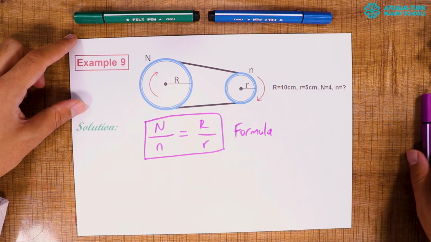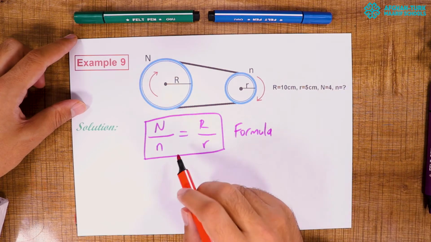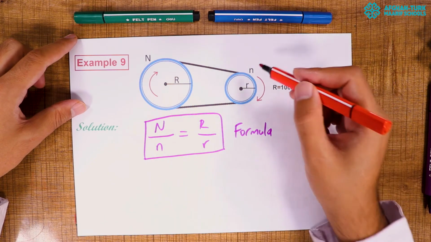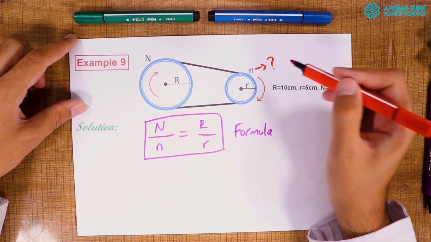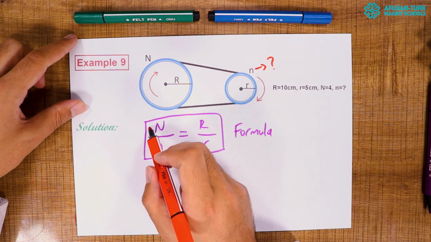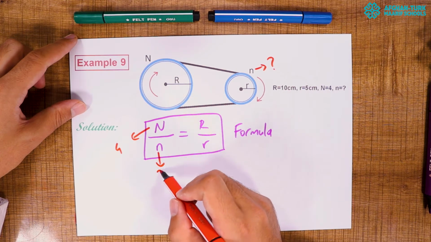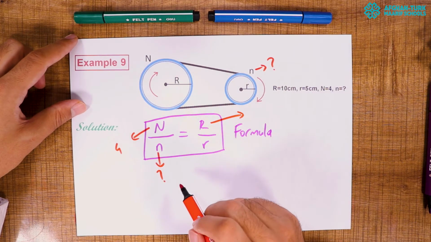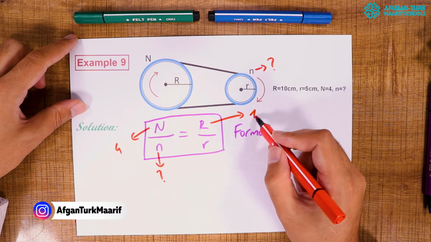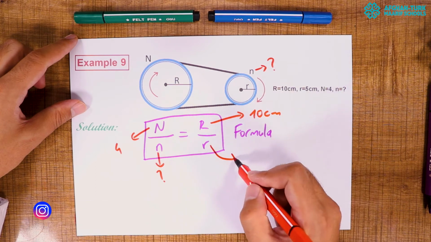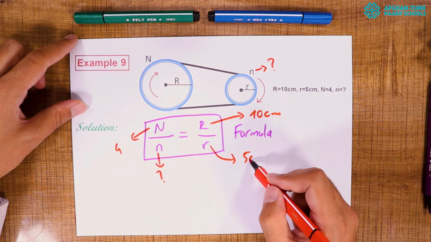So here I'm trying to find the number of rotations of this one, the smaller wheel. And this one is 4. I'm looking for this one. And R is equal to 10 centimeters and smaller r is equal to 5 centimeters.